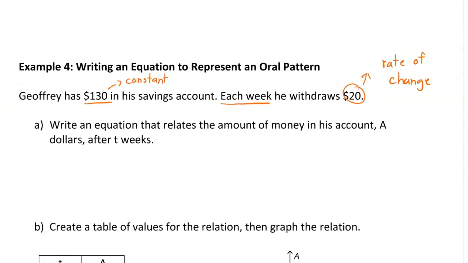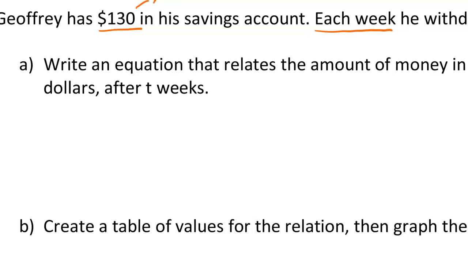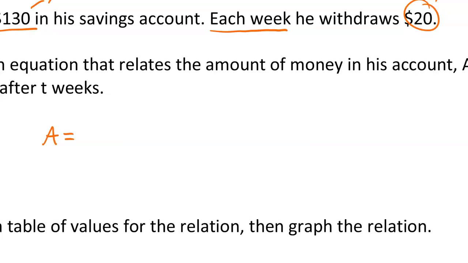Now with that information, we can put together an equation to solve for the amount of money. Now the amount of money in this equation is represented by A, and our weeks is represented by T. So each week he withdraws. Now if you withdraw money, you are taking money out of your account.